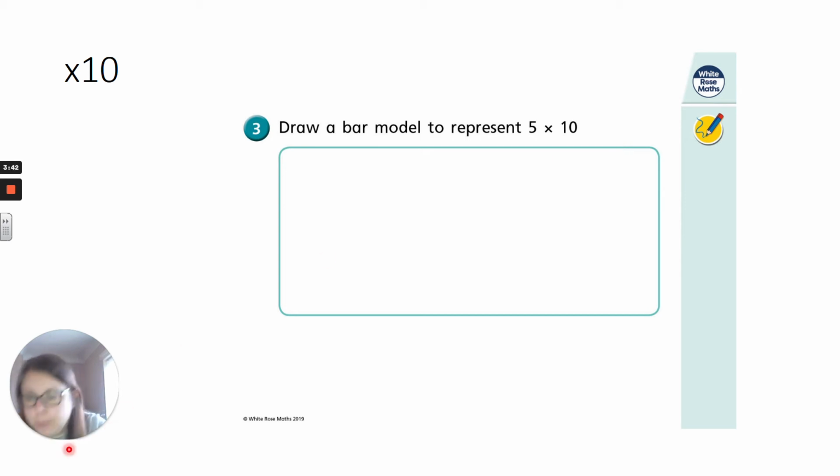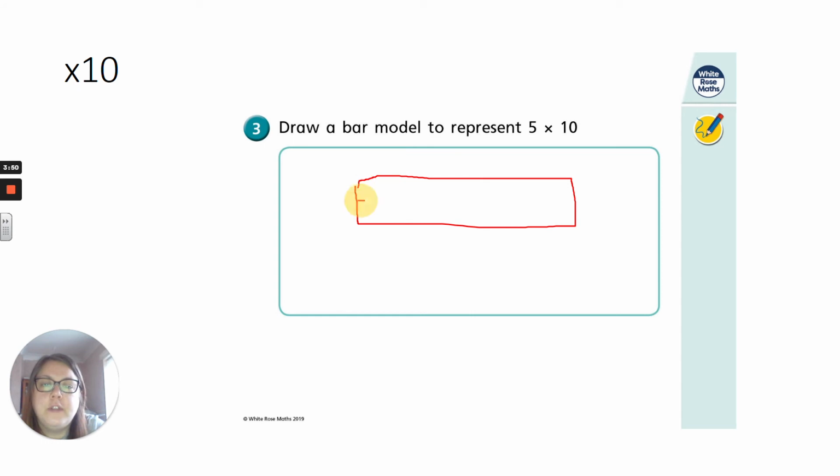Okay, so I will put my other pen on for this one. And I'm going to draw my bar model like so. I'm sure yours is lovely and neat compared to mine, and it's got nice straight lines. So I need to do 5 parts. So there's 1, 2, 3, 4, 5.